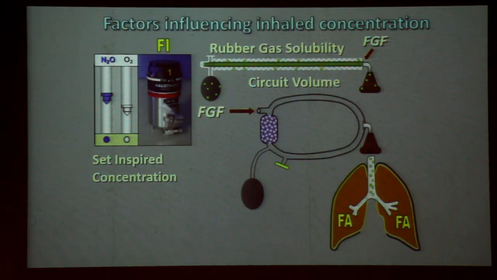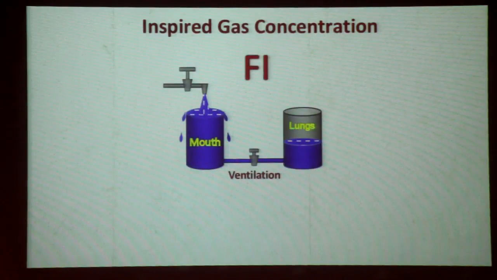So the circuit volume, the entry point of fresh gas flow, the rubber gas solubility and the set inspired concentration are the ones which will govern the inspired concentration, or the inhaled concentration, of an inhalation agent.